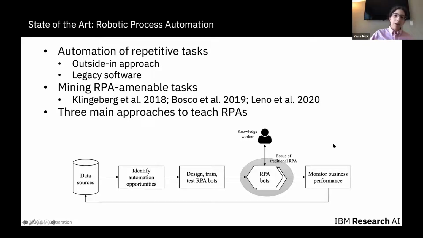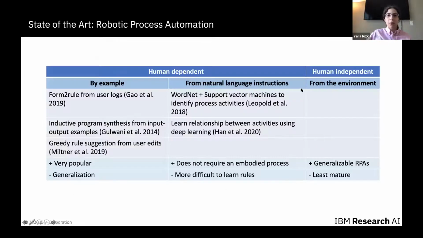Now, focusing on how we can teach these RPAs, there are three main approaches that fall into two bigger categories of human dependent versus human independent. Within human dependent, we can divide things into two subsets.